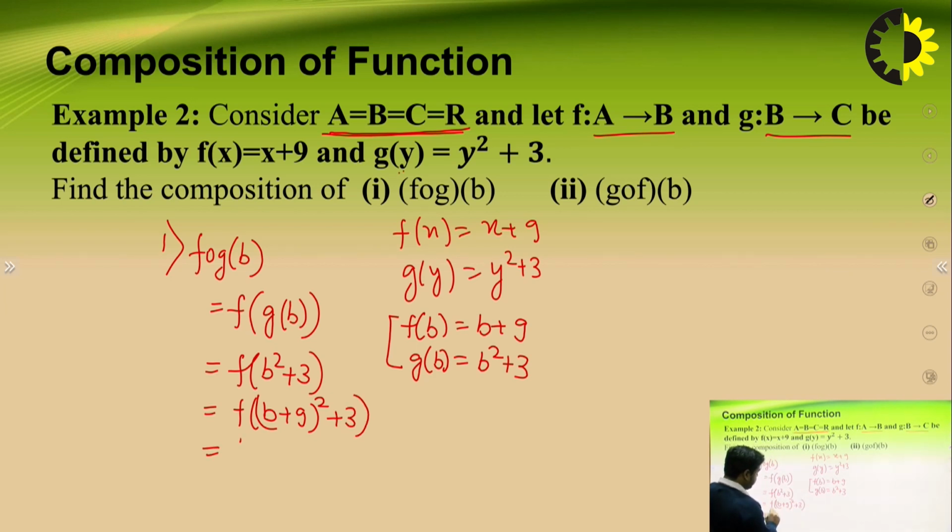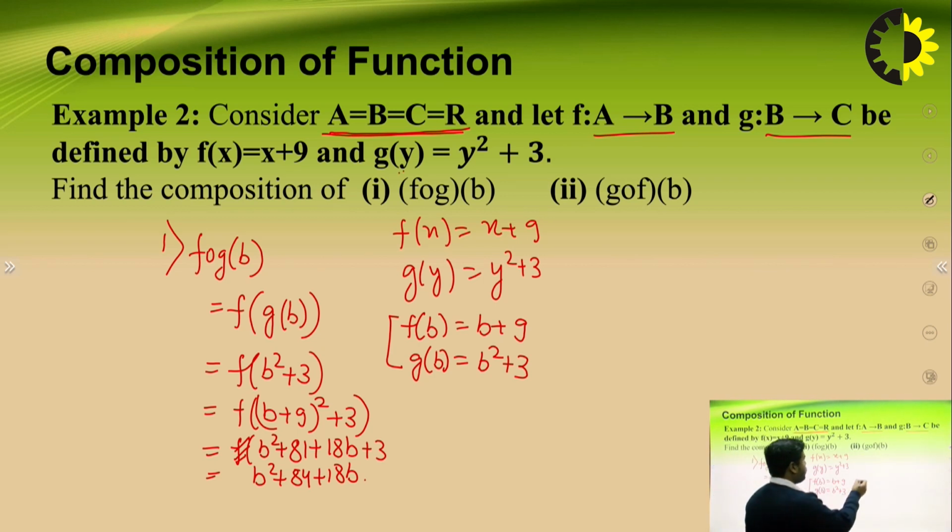Using the square formula, you have B square plus 81 plus 18B plus 3. So the function is B square plus 84 plus 18B. This is the solution of FOG of B.